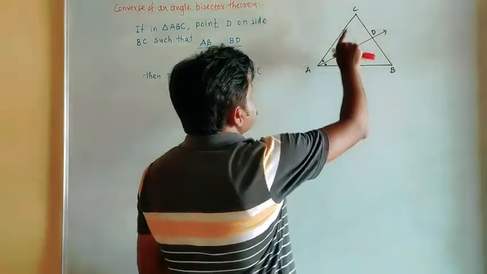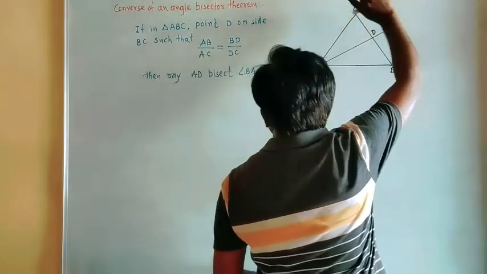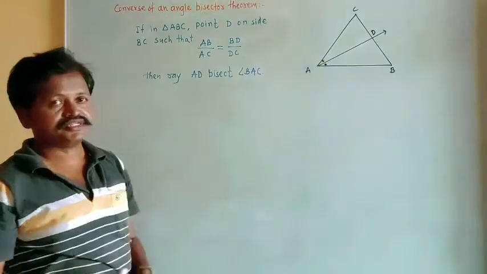AB upon AC is equal to BD upon CD. So that is the ratio.